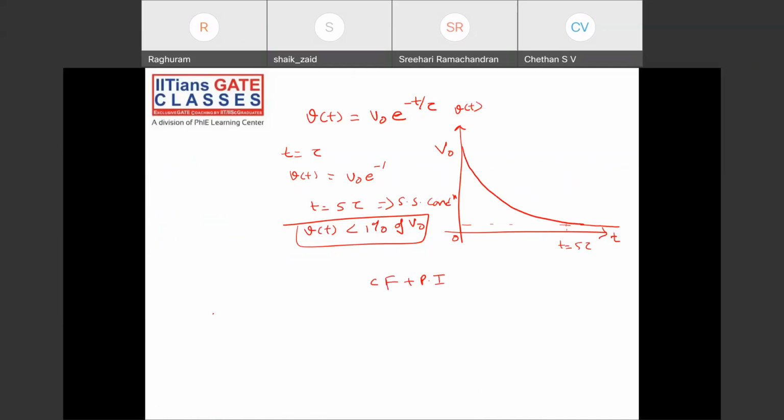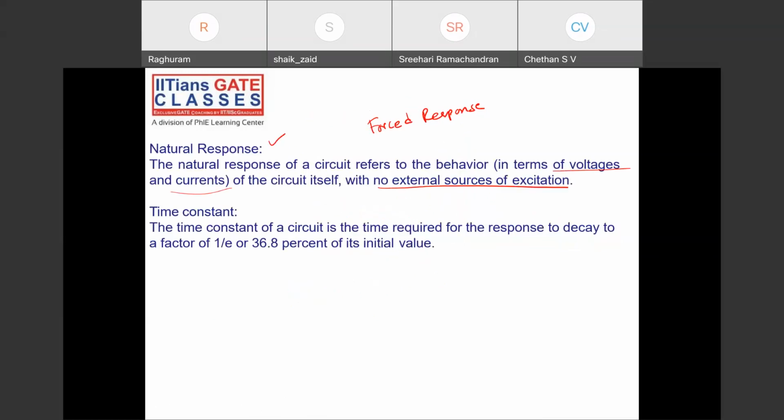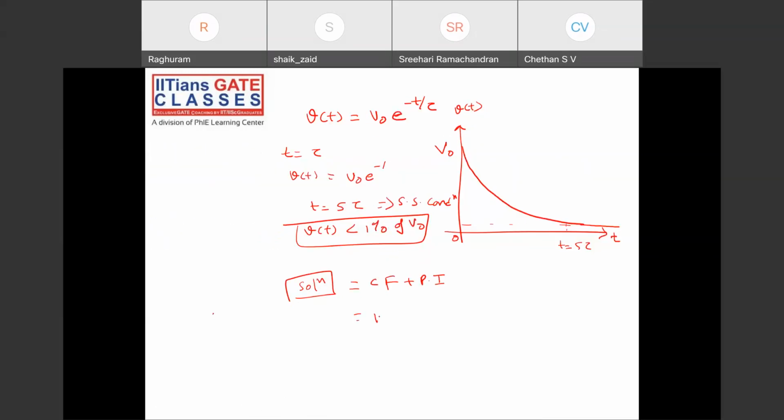For second order circuits, you'll get source-free and with-source circuits also. What this means is that the solution of a differential equation, CF plus PI, gives you one natural response and the other forced response.